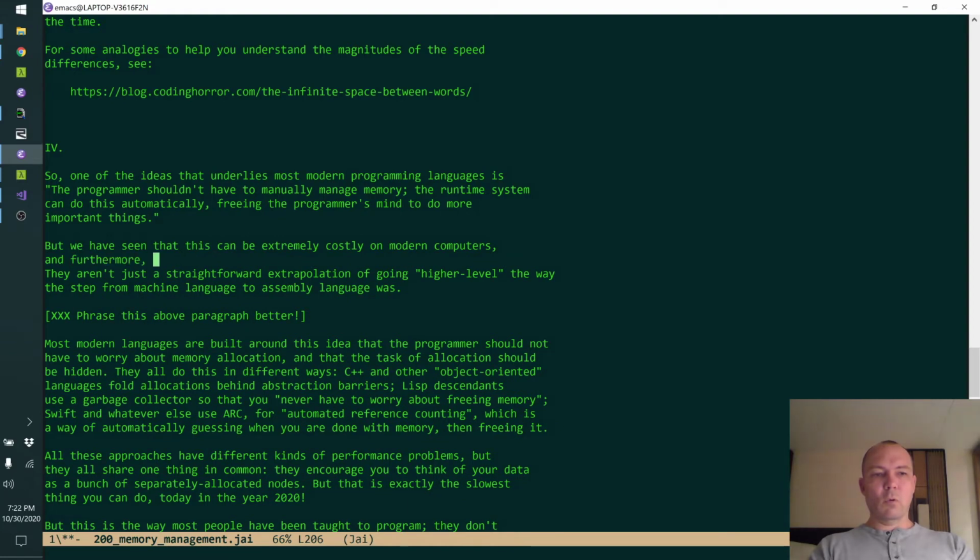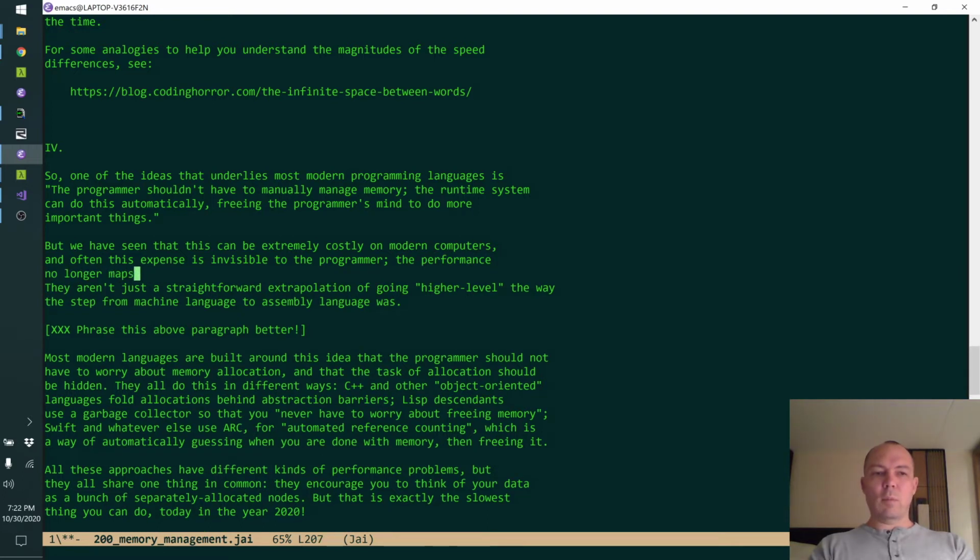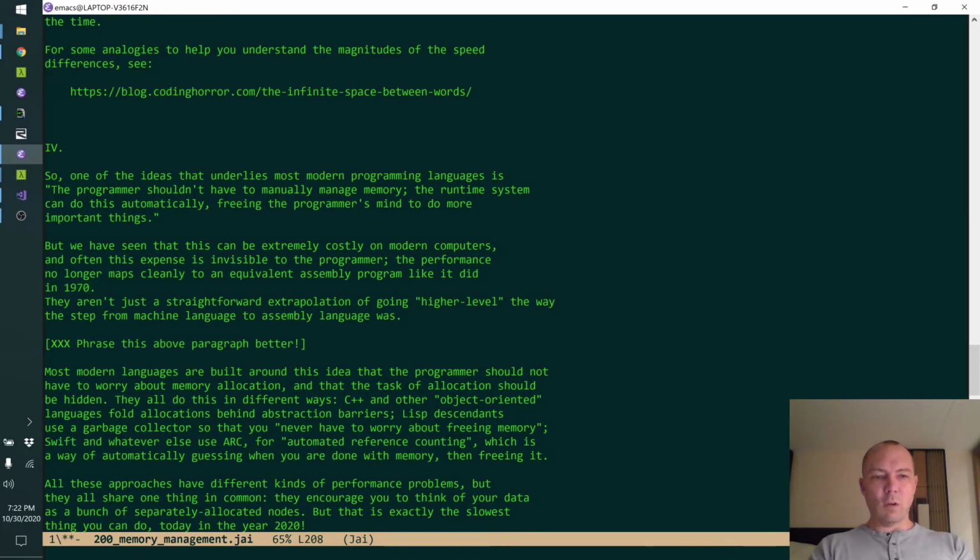And furthermore, often this expense is invisible to the programmer. The performance no longer maps cleanly to an equivalent assembly program like it did in 1970.